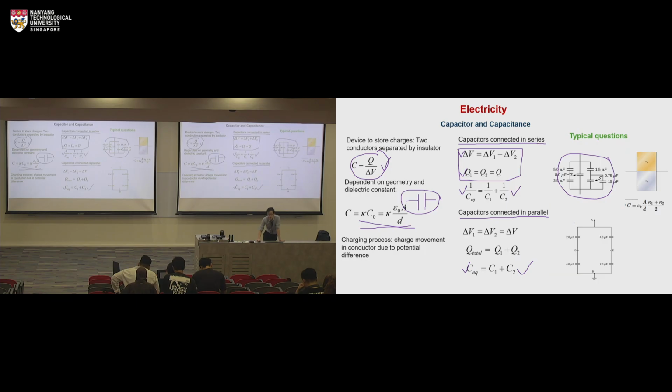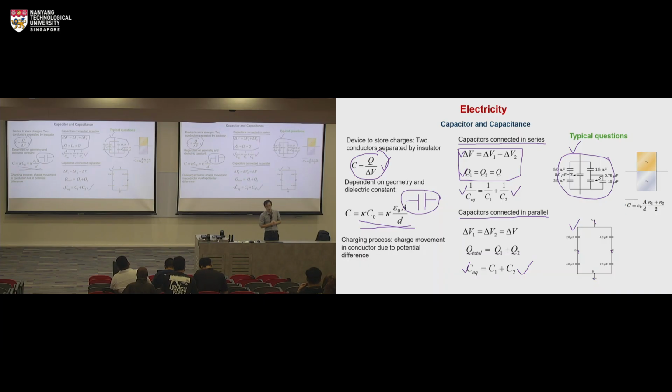Whether for this kind of circuit or for this kind of circuit, we can ask you to determine the potential difference between any 2 points. Like between D and E, A and E, B and D, basically between any 2 points. You should be able to determine the potential difference.